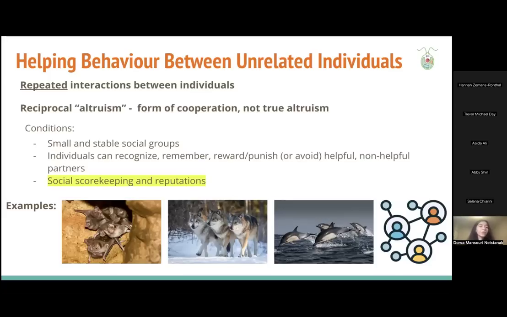This leads to social scorekeeping and reputations, which is seen in a variety of different animals, for example, vampire bats, as talked about in the lecture, wolves, dolphins, and us. For example, last year when I was in first year, I would help my friends out with biology in the hopes that they would help me out with calculus, and they did, so that worked out. Next slide.